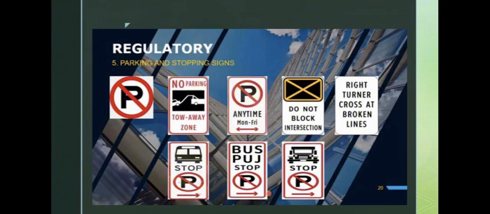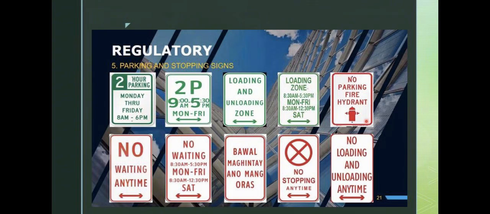And masasabi mong parked yung vehicle if it is stationary for any reason other than the need to avoid interference with other road users or collision with an obstruction, or to comply with traffic regulations. These signs are the no parking allowed in the following zone. Another one is the parking and stopping signs, where you are allowed to park and load at a given time and place.